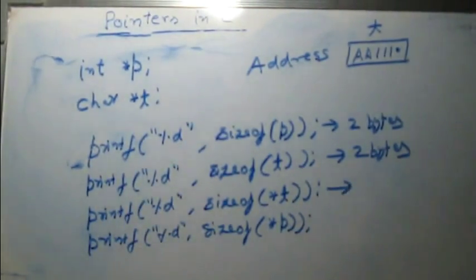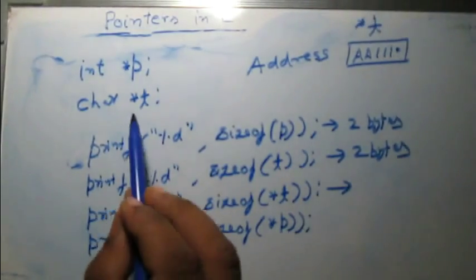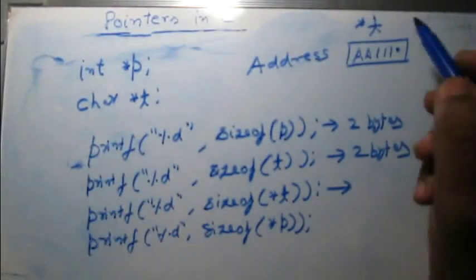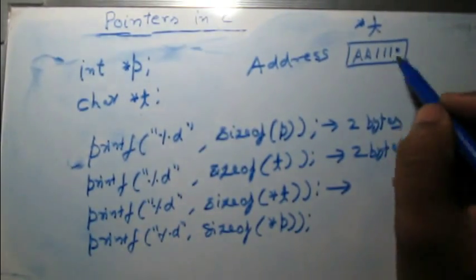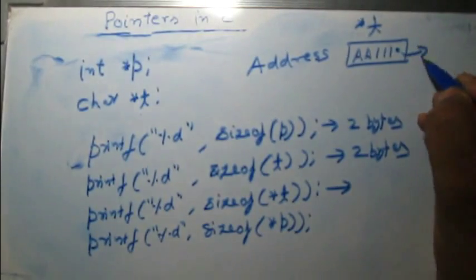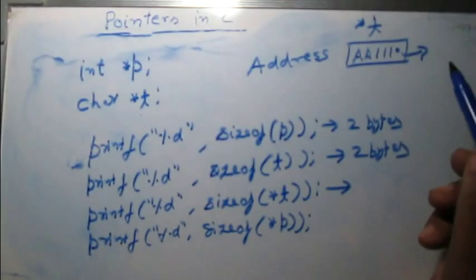Now star T. This T is a pointer variable, and this T will contain address of a variable which is of character type. Listen carefully. So T is a character type pointer variable. Whatever address this T is storing, this location will be used to store a character type value.